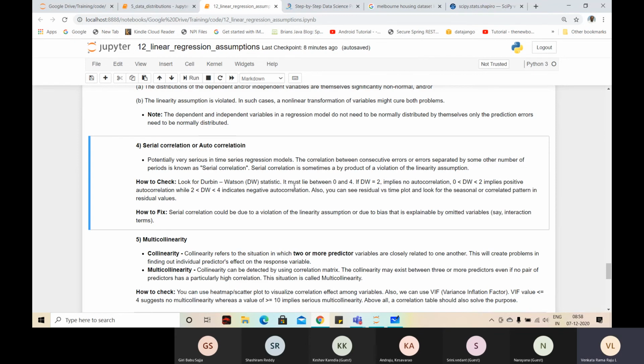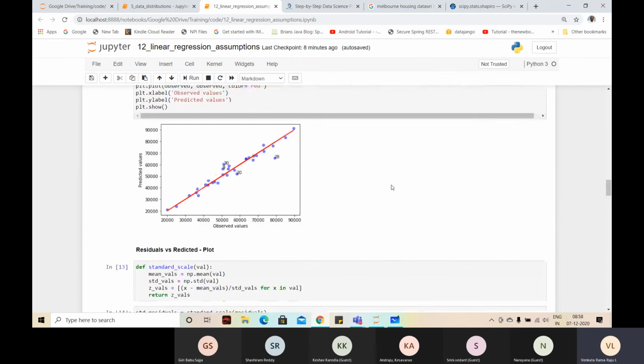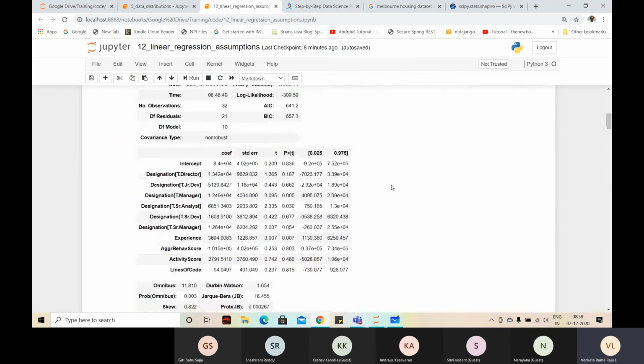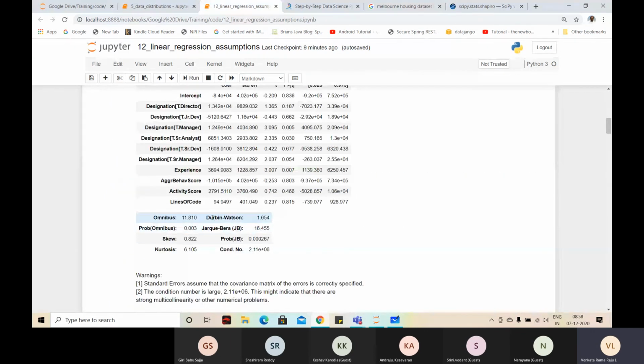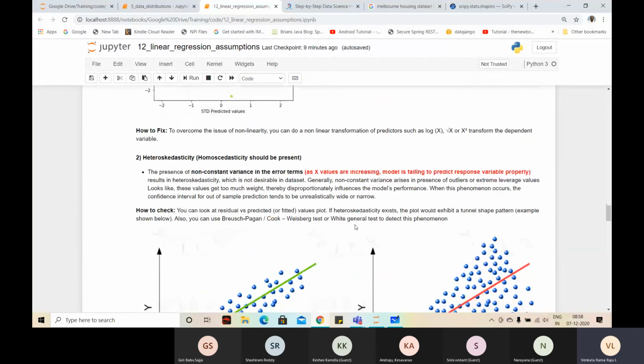So the Durbin-Watson test is a test which, when you build this OLS algorithm, actually gives you the result. Our value is 1.65, right?